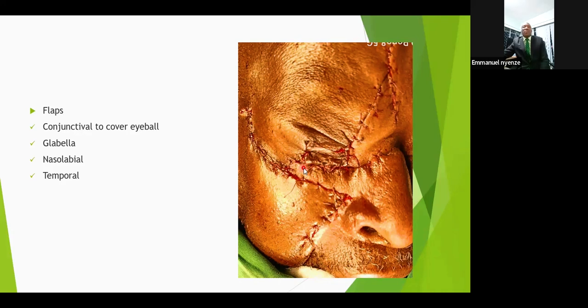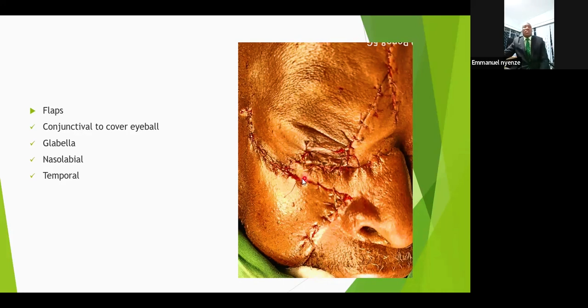So in an old patient, you can do so many flaps because the tissues are totally loose. So we managed to get a nasolabial flap, and also managed to mobilize tissues and skin from the temporal side to cover the temporal defect. So this is the final outcome of the reconstruction that we managed to do.